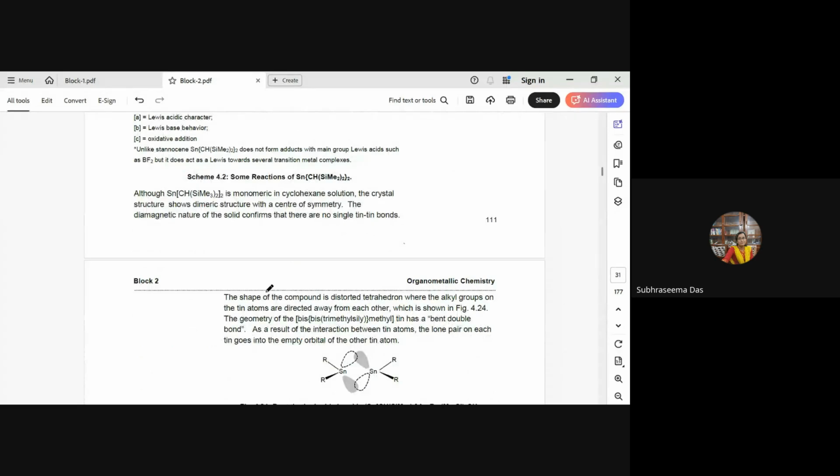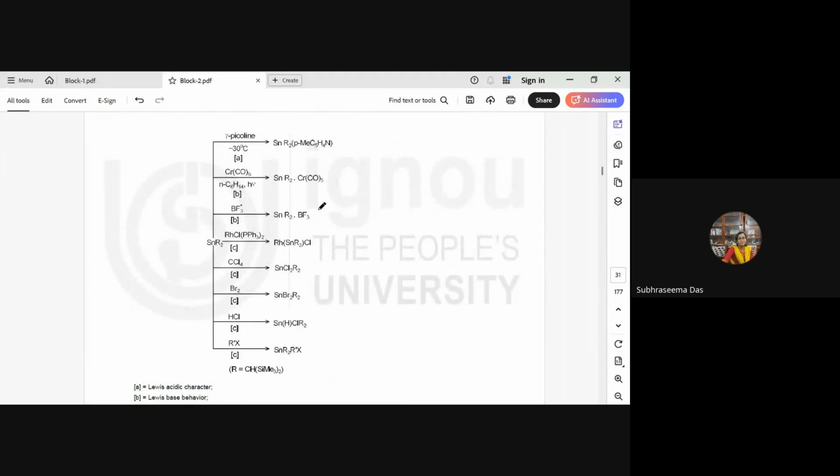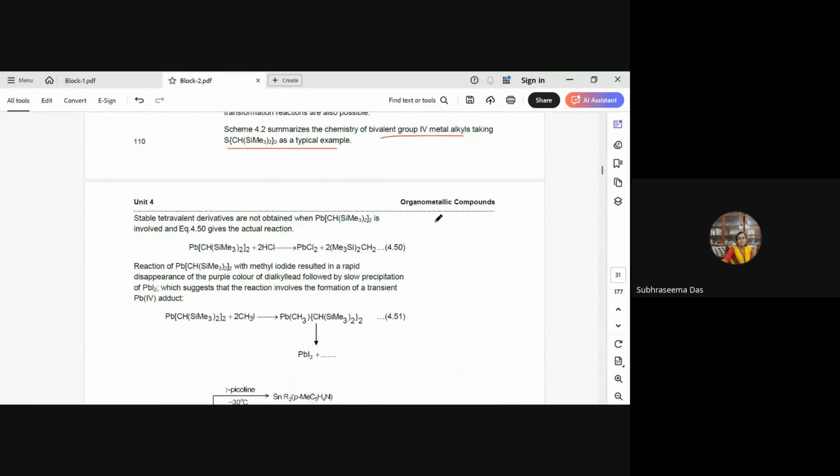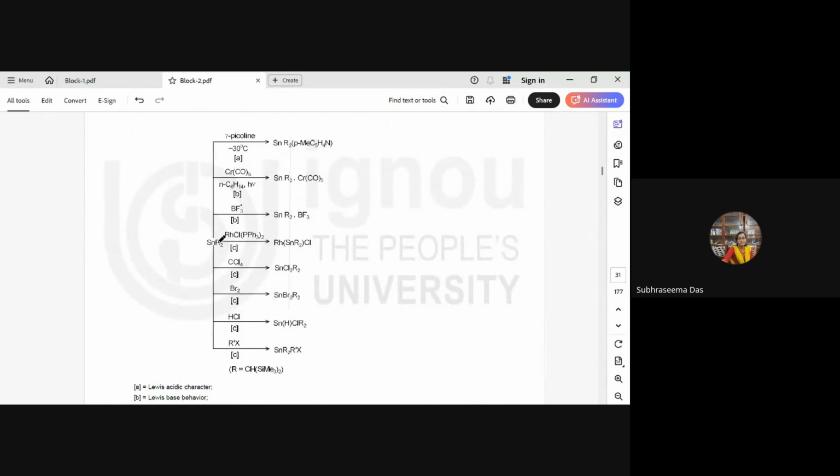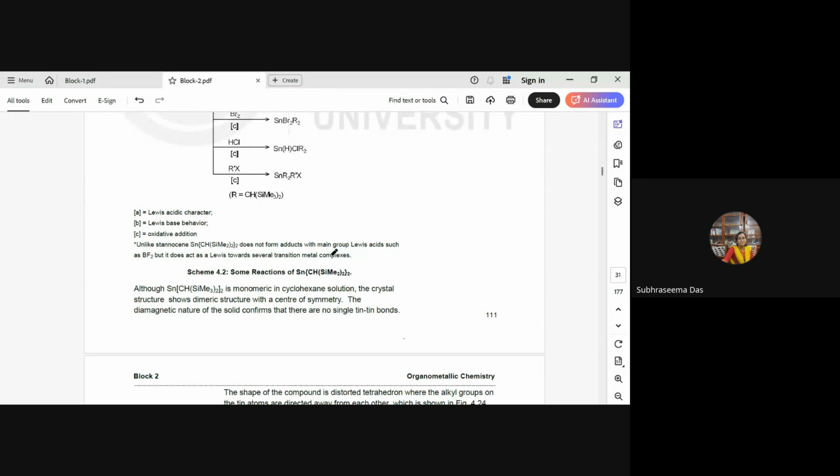It shows the different types of reactions with different reagents. Stable tetravalent derivatives are not obtained when the lead derivative is used. The reaction of lead with methyl iodide results in the disappearance of the purple color, which suggests that the reaction forms a transient adduct. So we can see some of the general reactions of Sn[CH(SiMe3)2]2.